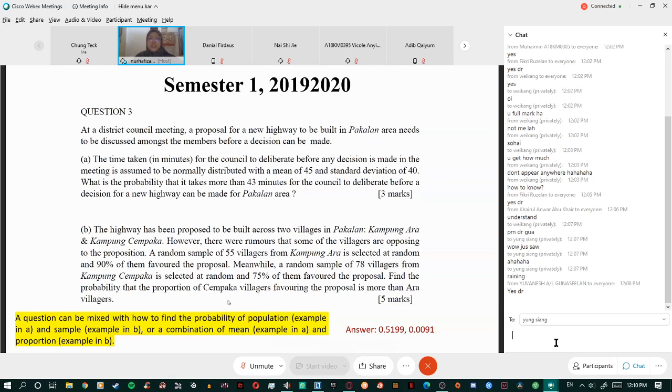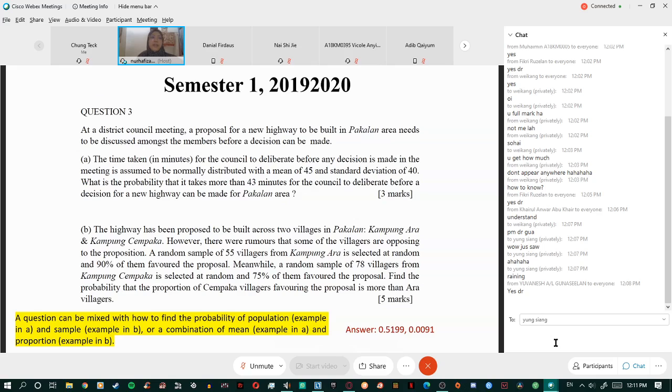How about this question 3? This one is a question for chapter 2. Please take note that a question can mix chapter 1 and chapter 2 probability. If you are confused about how to differentiate between the probability of population and the probability of sample: probability of sample is in chapter 2, probability of population is in chapter 1.